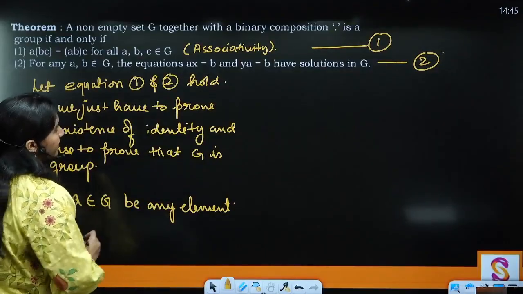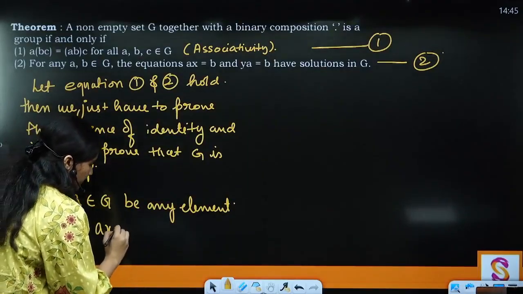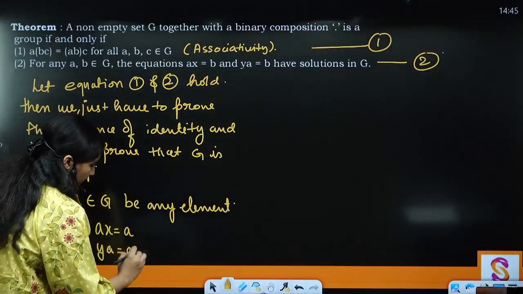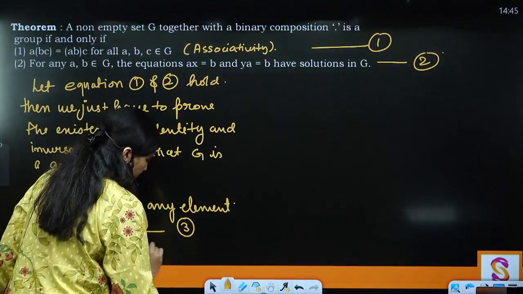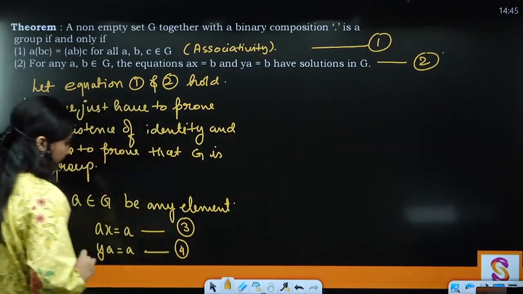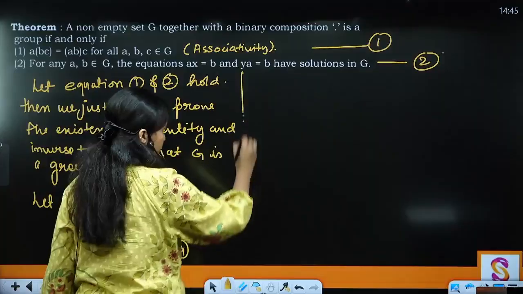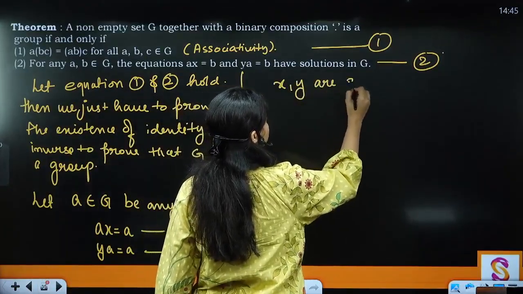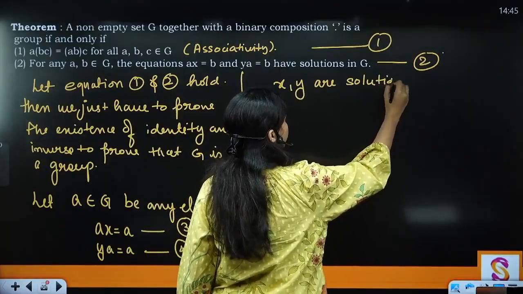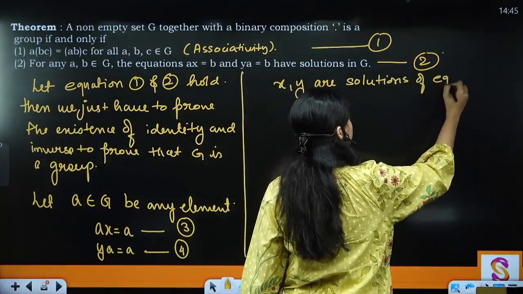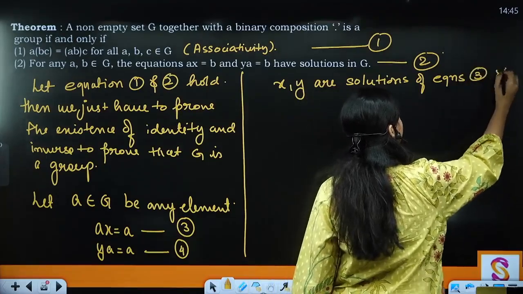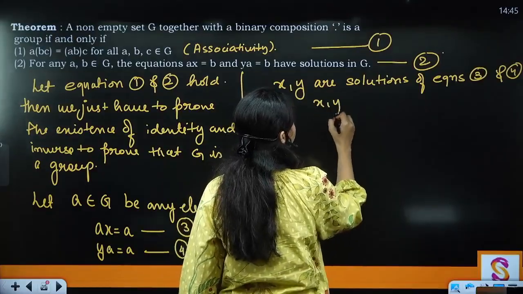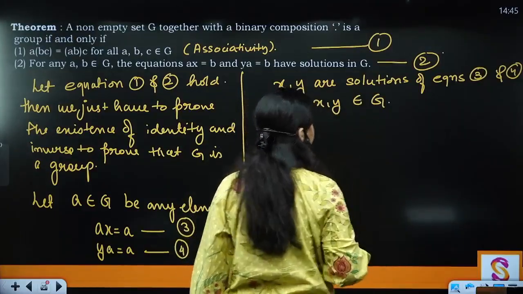So I can write AX equals A and YA equals A. Let this be equation 3 and this be equation 4, where X and Y are solutions of equations 3 and 4, which implies that X and Y belong to the group G, right?